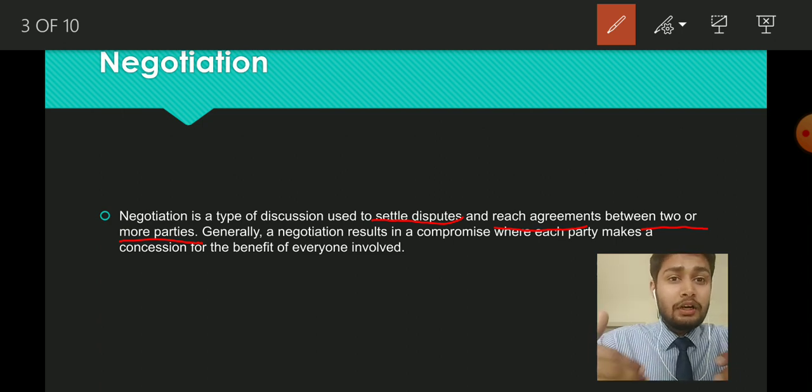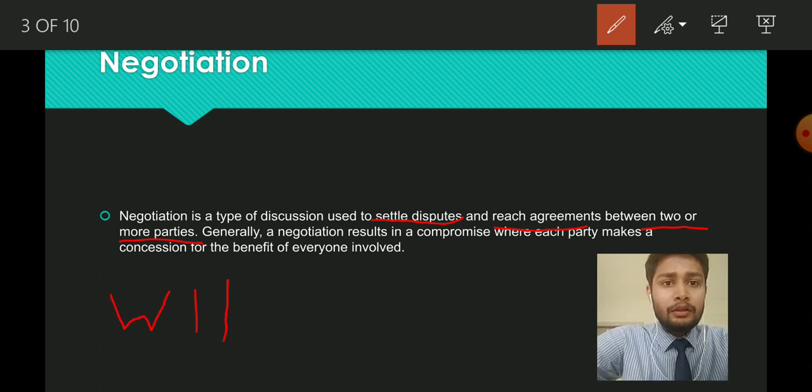Generally a negotiation results in a compromise where each party makes a concession for the benefit of everyone involved. So in negotiation, either side has to make a compromise. There are minimum two parties, and the parties can increase, but the minimum is two. The situation could be that they either win or lose.